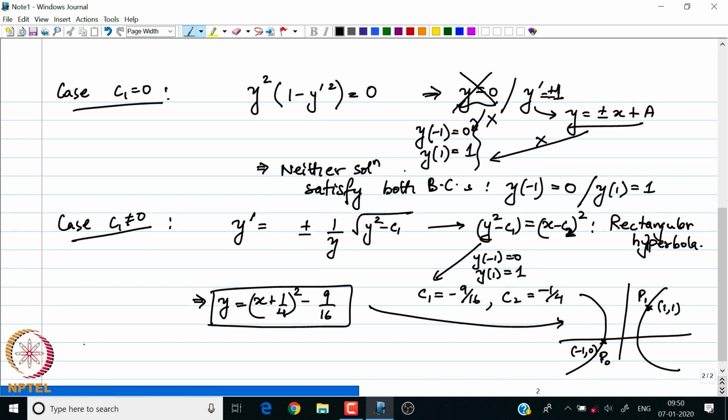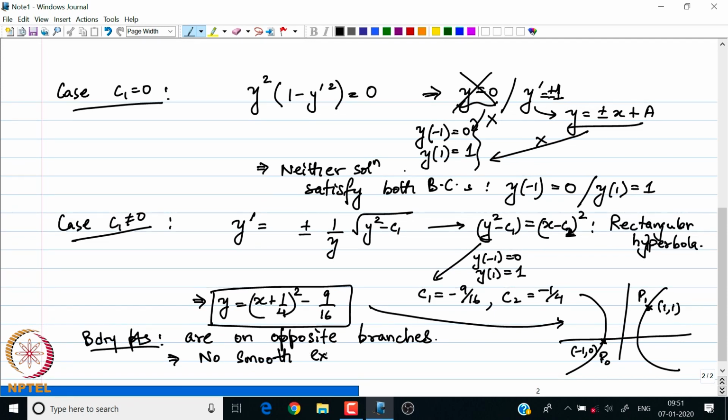So, the conclusion here is that the boundary points are on opposite branches, and it implies that there are no smooth extremals connecting P0 and P1, right.